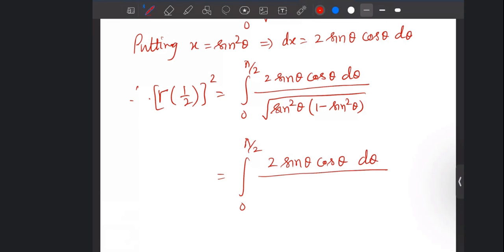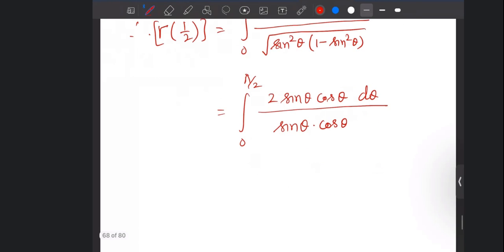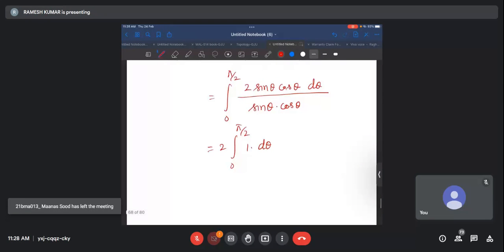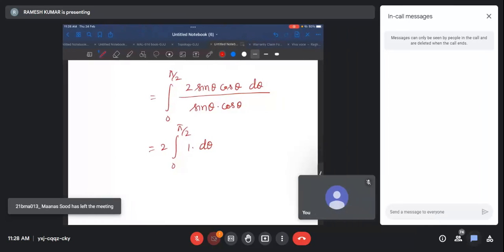In the denominator also we have sine theta into cos theta. That is simply twice of integration 0 to pi by 2, 1 d theta. Sine theta cancels with sine theta, cos theta cancels with cos theta.